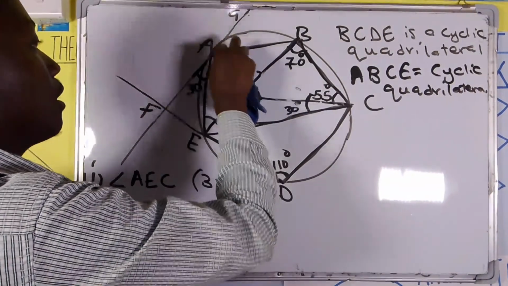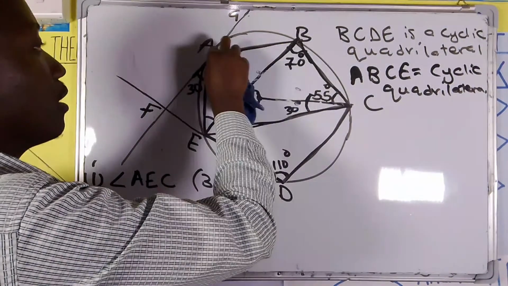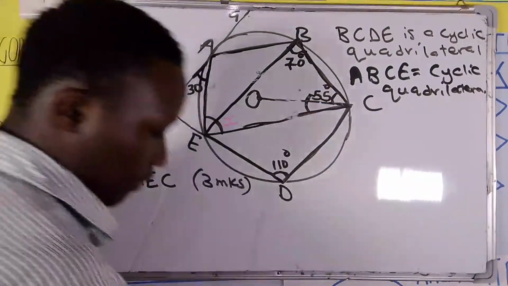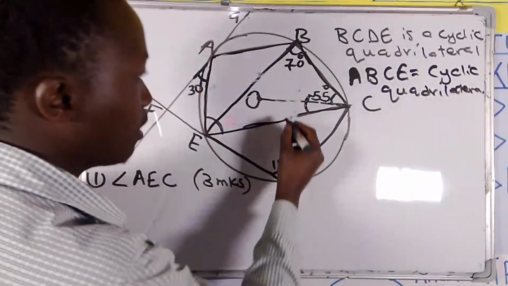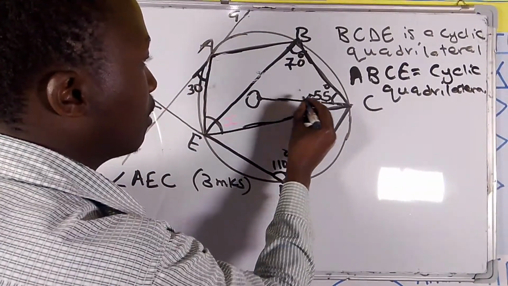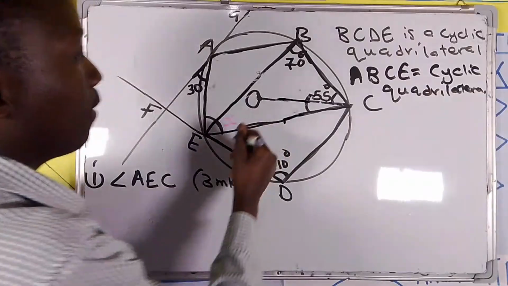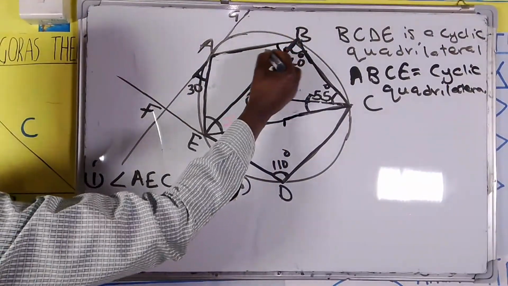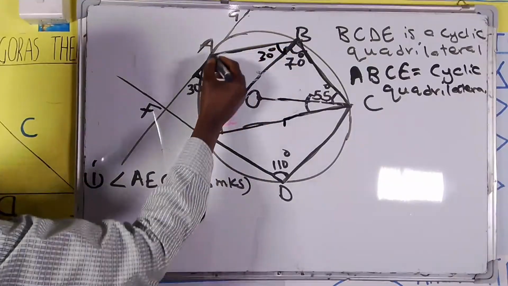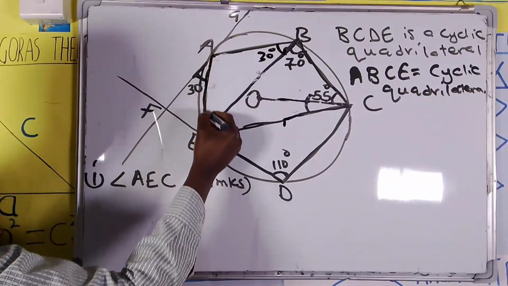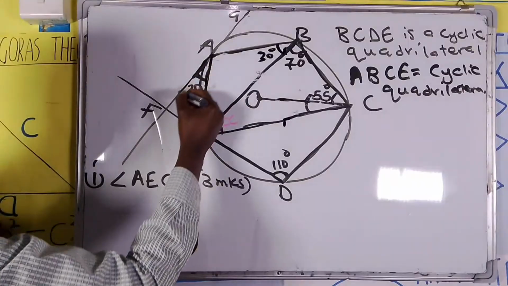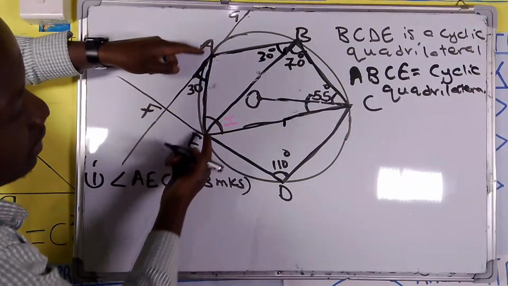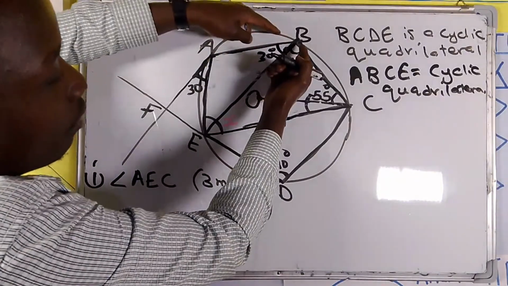There's something hidden here. I had not seen that. Tuachane na hii ikae hivyo. So this one is 30. So this angle here you see is going to be 30. Why? Because this angle is on alternate segment. This 30 is on alternate segment, and this segment is the one that is subtending that small angle there.